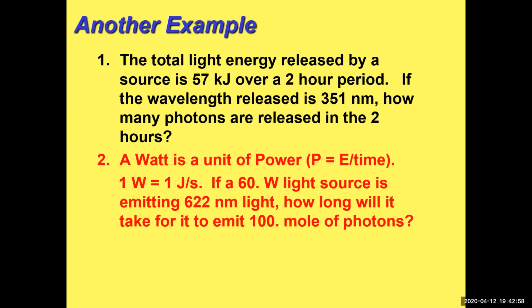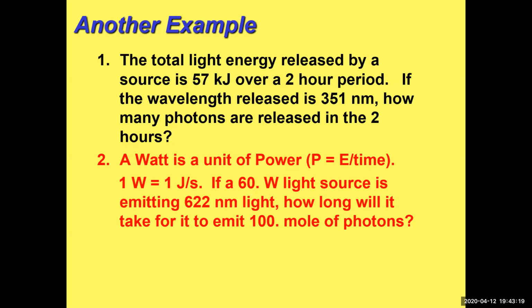That's red. So how long will it take for it to emit 100 moles of photons? All right. So it's another one of these energy total equals energy of a photon times number of photons problem. It's just that now we have this time thing thrown in there. So there's a little extra difficulty here.